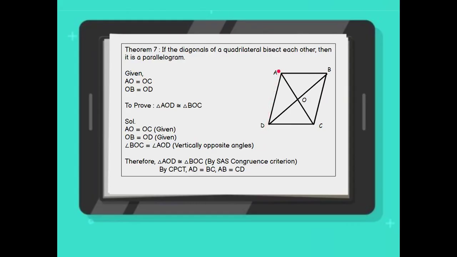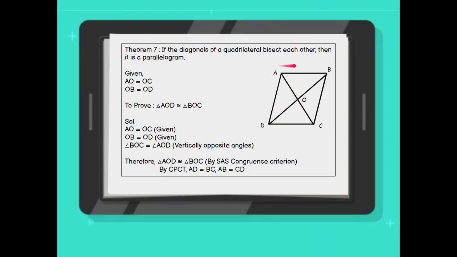So coming to the solution. It is given that AO is equal to OC and BO is equal to OD. So two pairs of sides are equal, and angle AOD is equal to angle BOC. Why? Because they are vertically opposite angles.